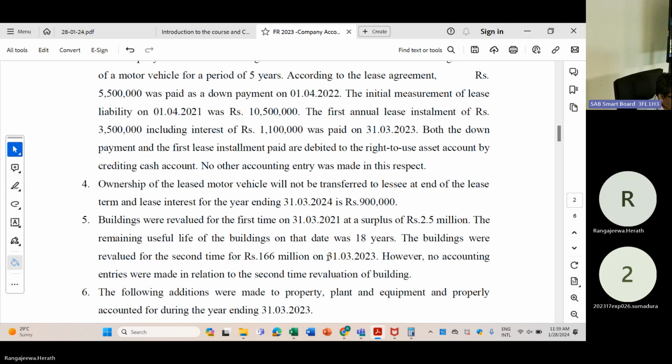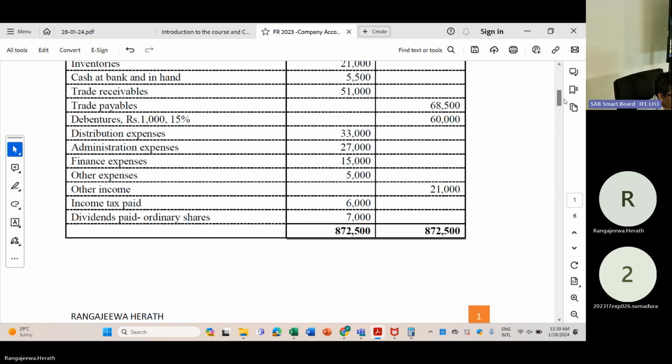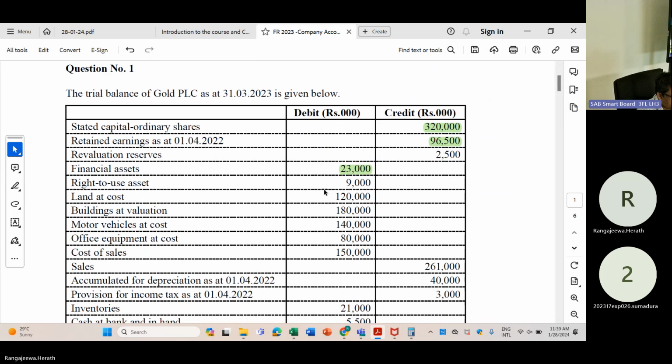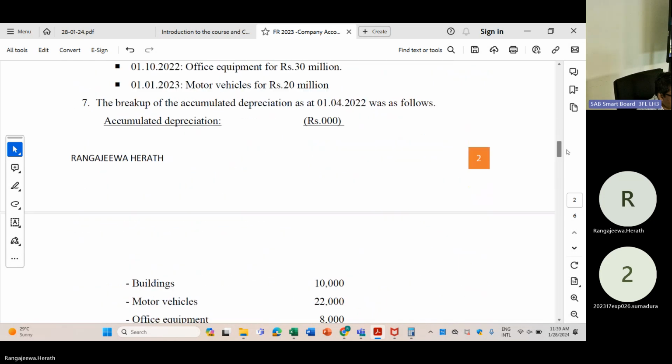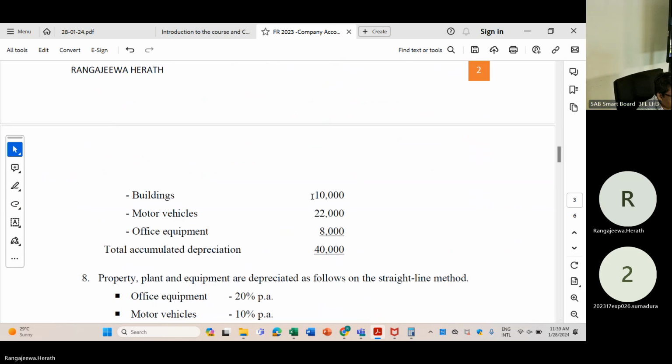The building is at valuation 180. And we were given the accumulated depreciation breakup: building 10,000, motor vehicle 22,000, office equipment 8,000 opening balance.